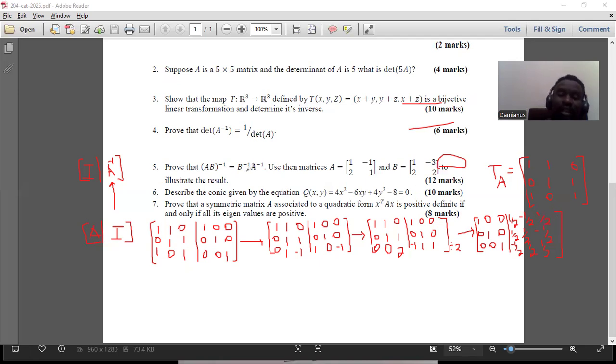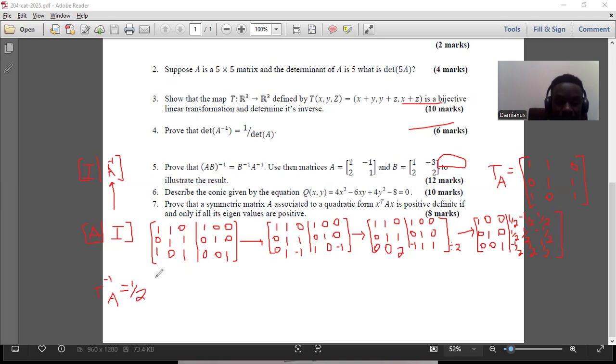And so now what have we ended up with? We started with this thing, the A I, and then we have ended up with I A inverse. So the inverse of this matrix, this time around I will call it T A inverse, is, I will pull out the half. You can see clearly the determinant is a half.